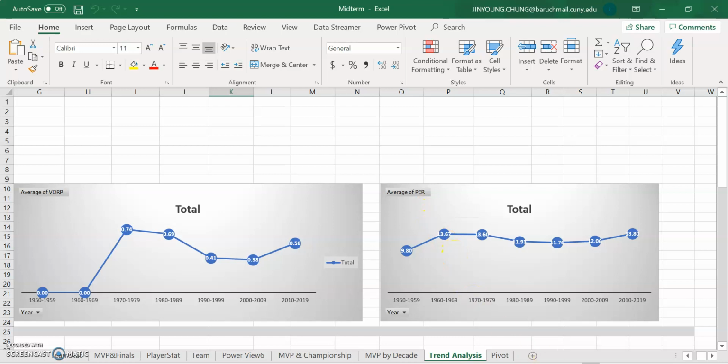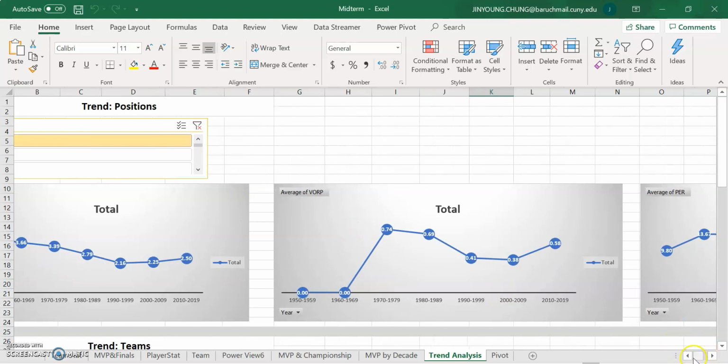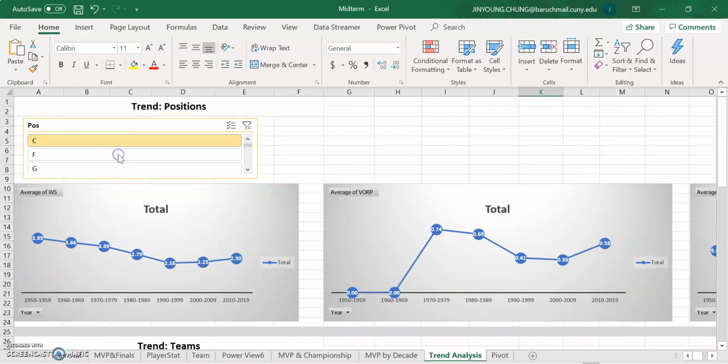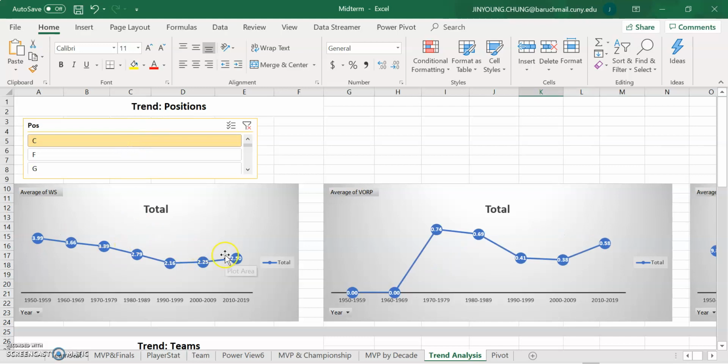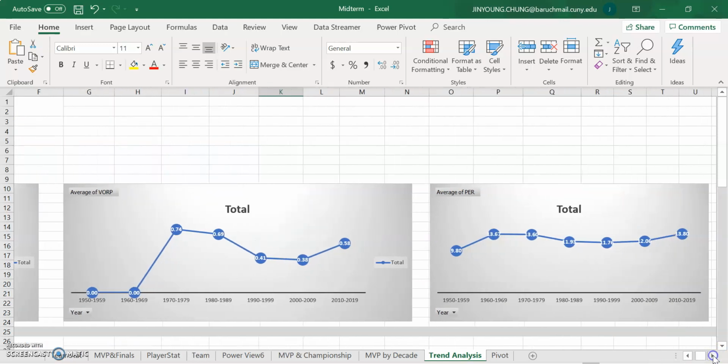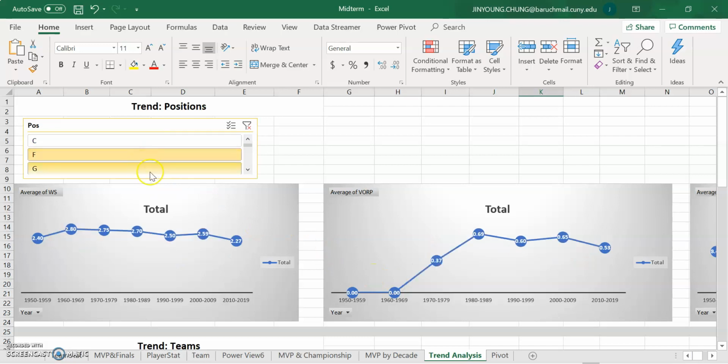Using the slicer, we can choose the position we want to examine. So this one is center, forward, and guard. We can clearly see huge ups and downs of all 3 stats on the center position, while the other 2 positions have a relatively flatter curve.